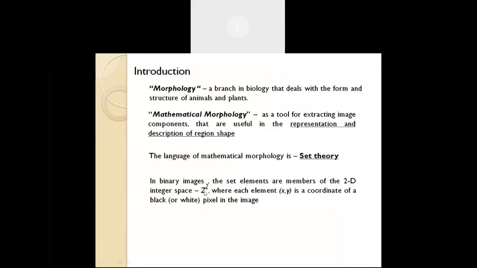In this two-dimensional space, each element will be the coordinate of a pixel in the image. And in our explanation here, we will be considering a binary image. So the coordinates x, y will indicate whether at that particular position I have a black pixel or a white pixel.